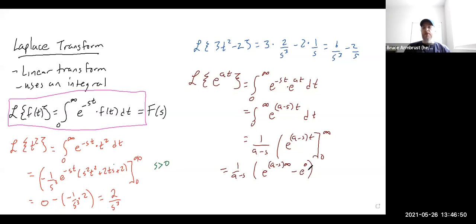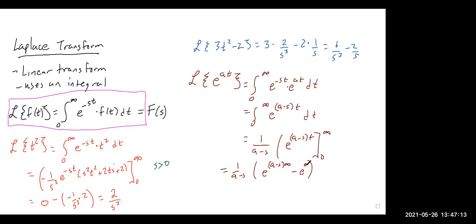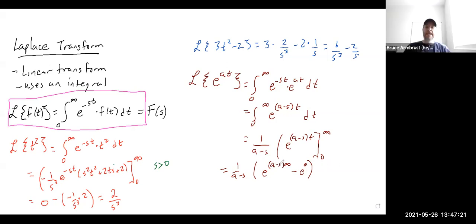Well, e to the 0 we know is just 1. But let's think about what's going to have to happen to make this converge. What's the condition we're going to need on s? If a equals s, then we've got that same problem before where we're dividing by 0.